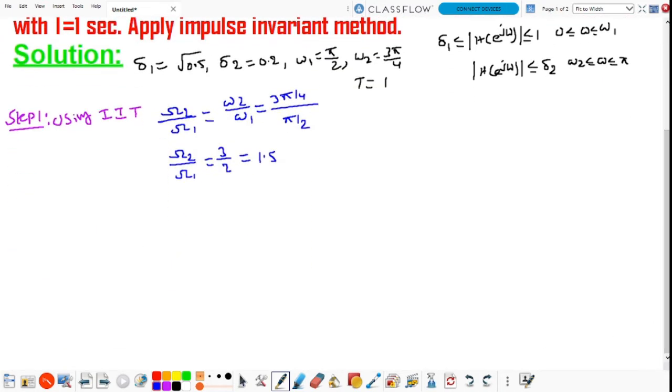Next, step number 2: determine the order of the Butterworth filter.